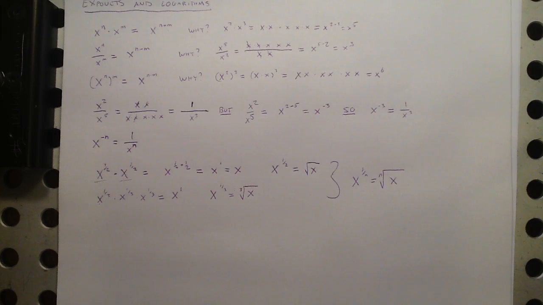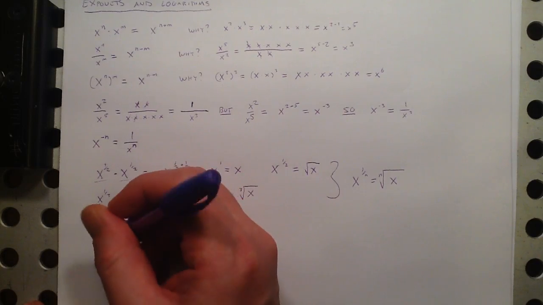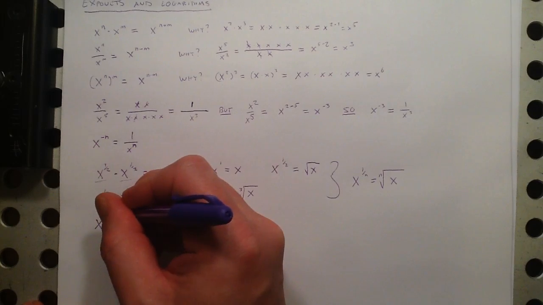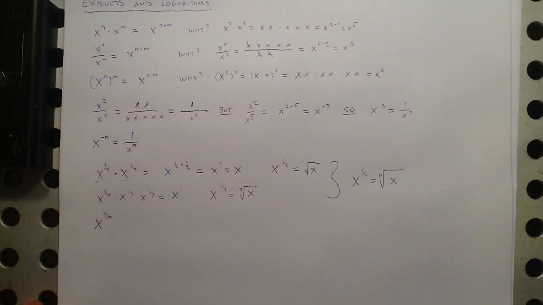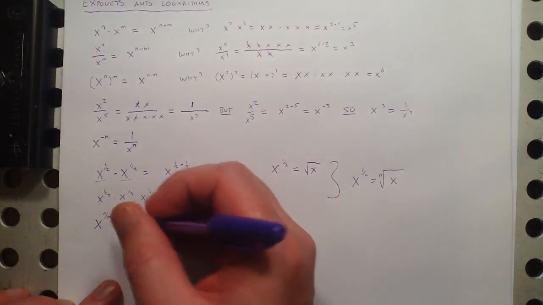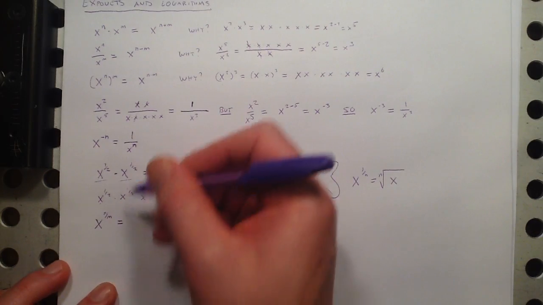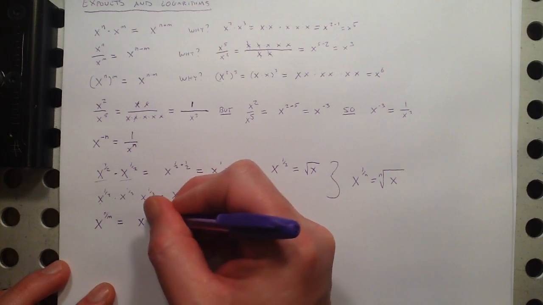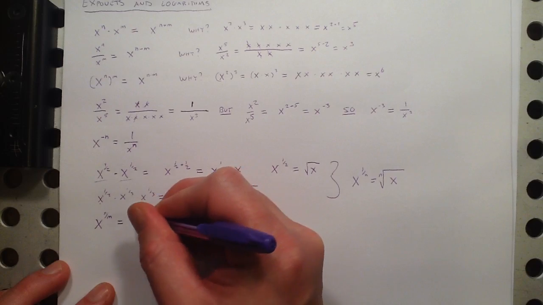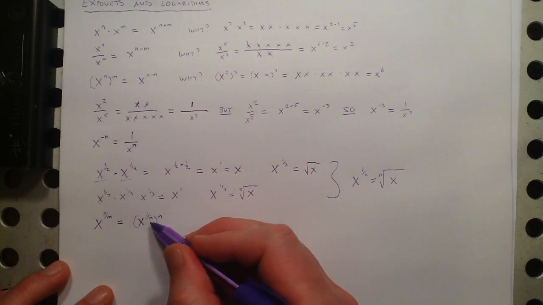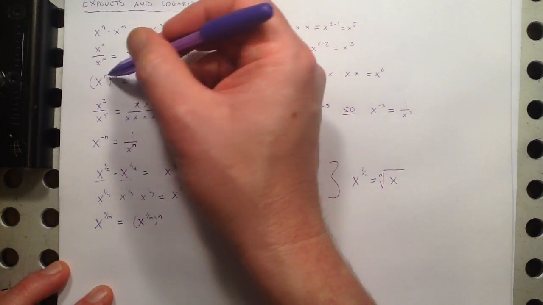Let's see. So then what about x to the n over m, what does that mean? Let me just do a combination of these rules then. By the multiplication rule, that's the same as x to the 1 over m times n, because n times 1 over m, right?